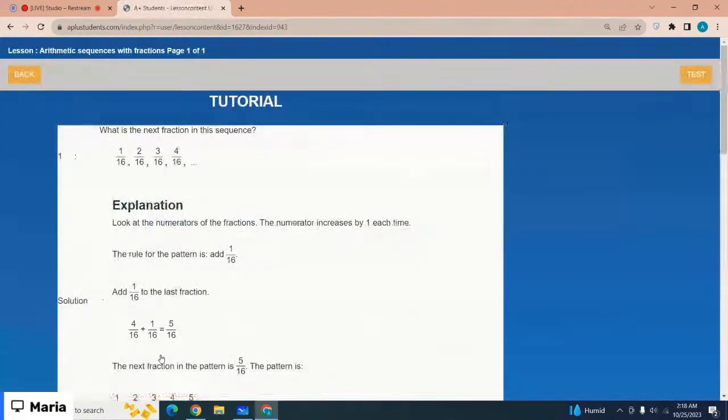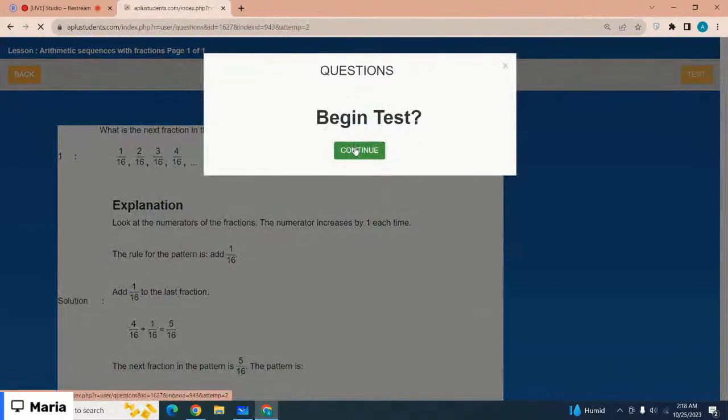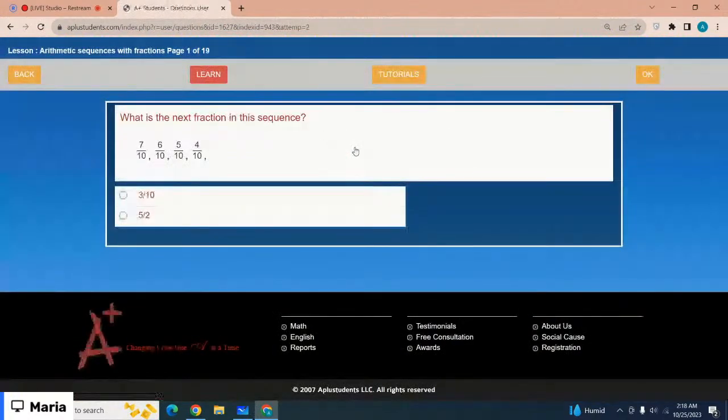Arithmetic sequences with fractions. Okay, let's just start with the test questions. What is the next fraction in the sequence? So which is the next one in the sequence?